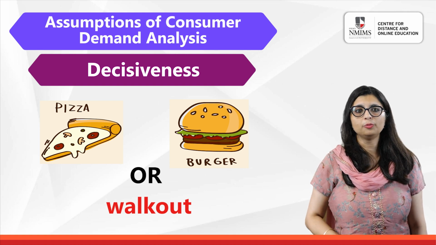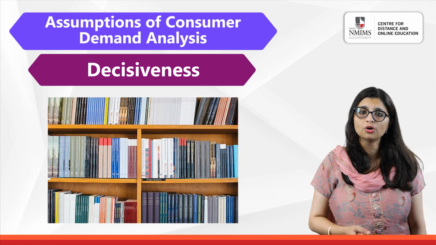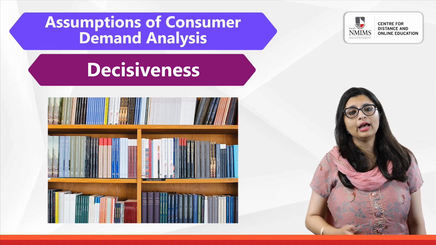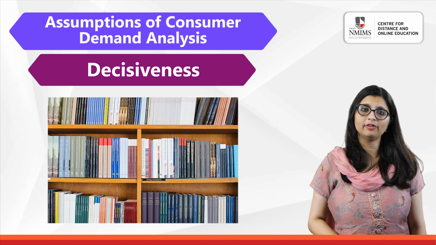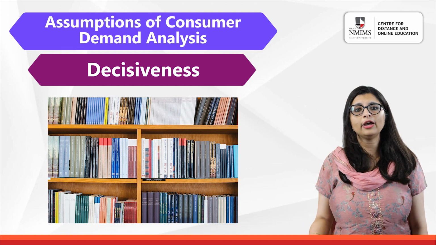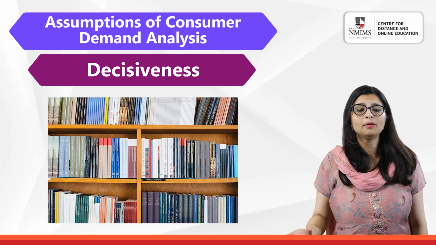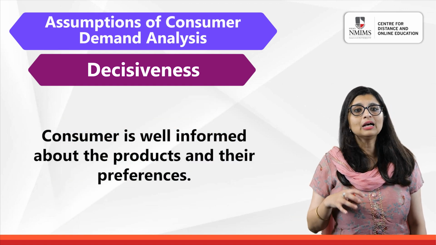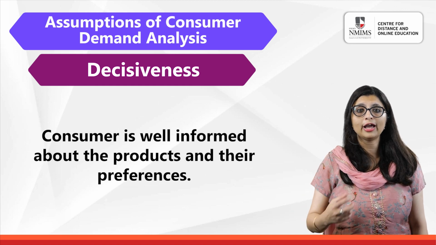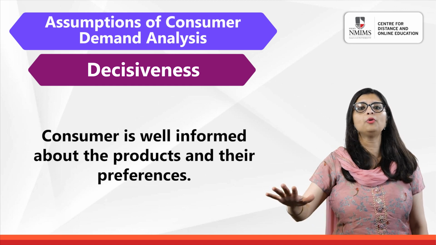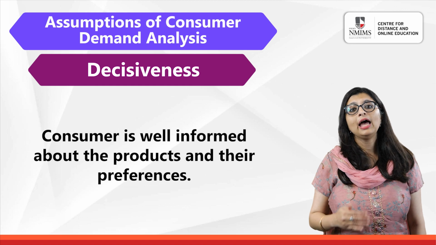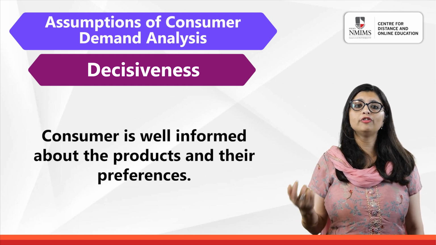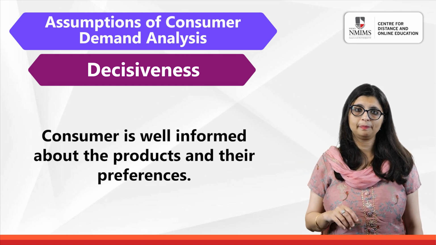A similar example could be, suppose I go to a bookstore. I am very clear as to what kind of book I am going to buy, whether I want to go for fiction, autobiography, comic or any other magazines. So, being a consumer, I should be well informed about the products which are there in the market and which I am going to buy.